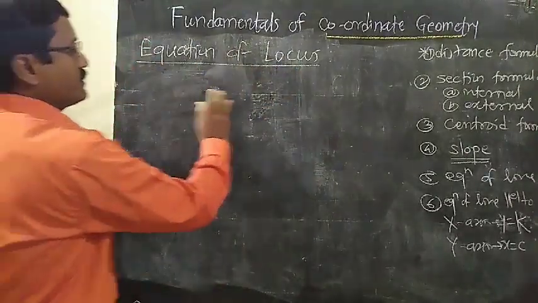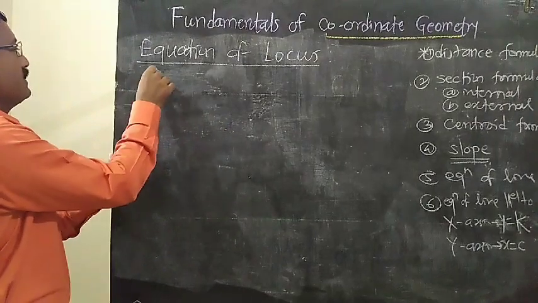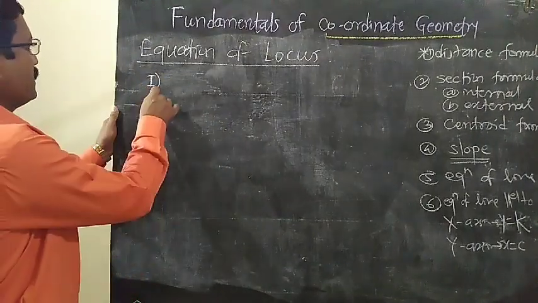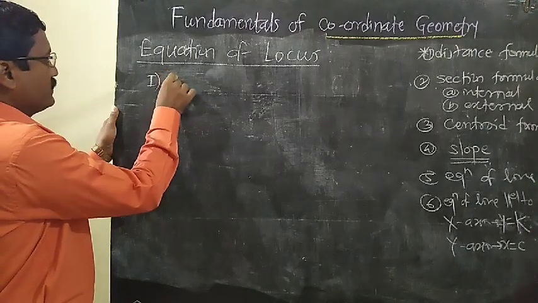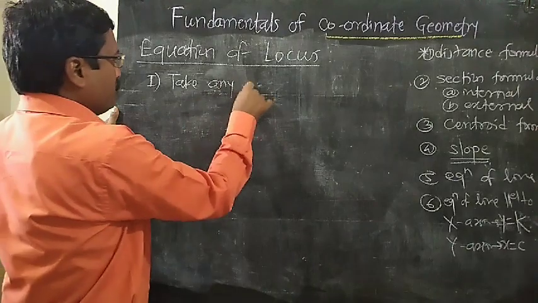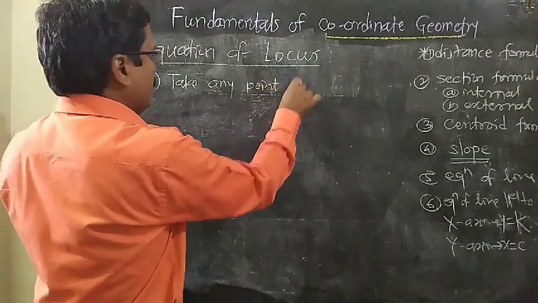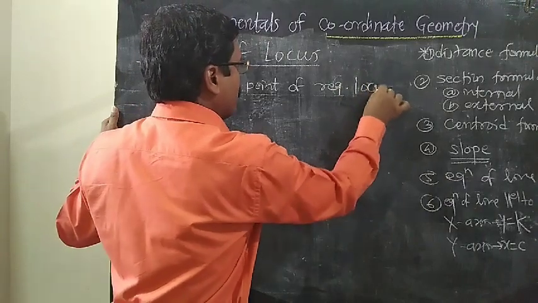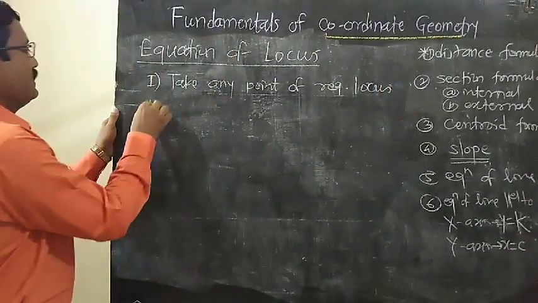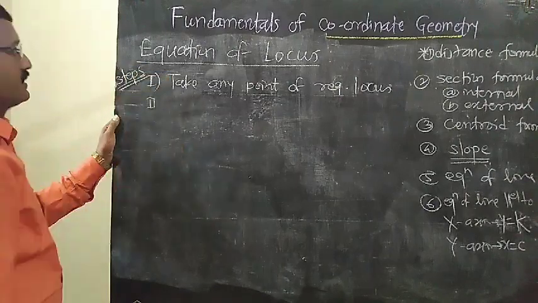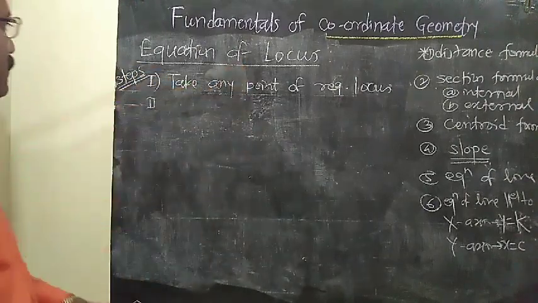So the equation of locus has basically 3 or 4 important steps. In the first step, we will take any point of the required locus.